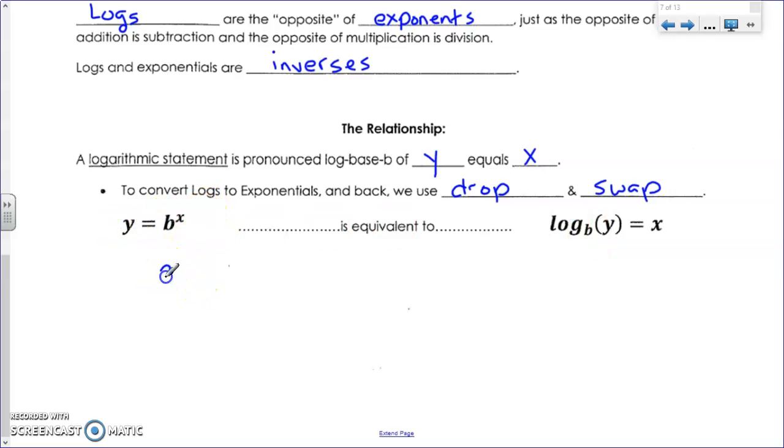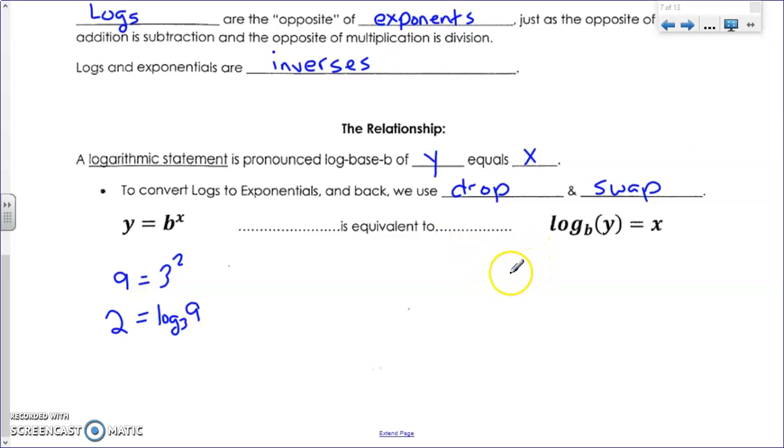So for example, if I have 3 squared equals 9, we will drop the base. So that would be log base 3. And then I'm going to swap my x and my y. So that's going to be log base 3 of 9 equals 2.